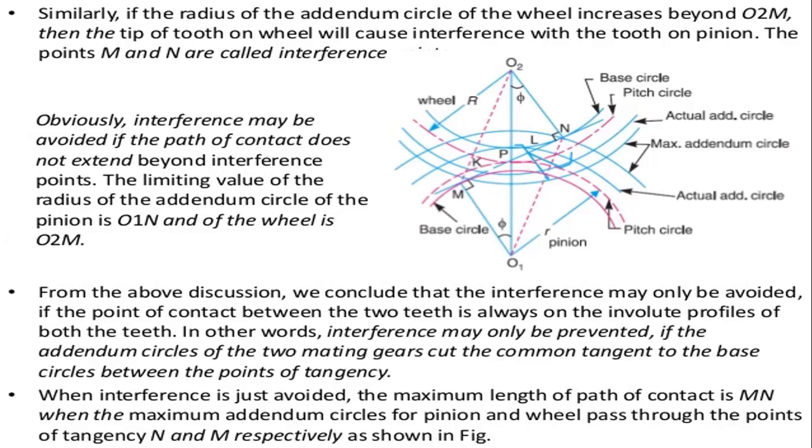This is the maximum length of path of contact for any two involute gears when they are meshed. But this holds when the maximum addendum circles for the pinion and wheel pass through the points of tangency, that is N and M respectively. You can see it in the figure.